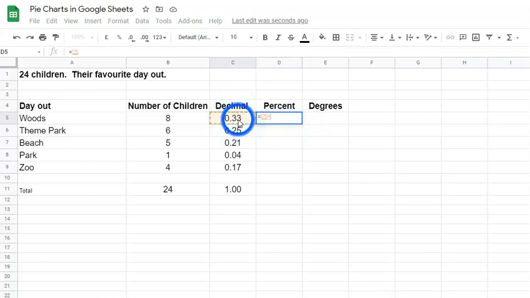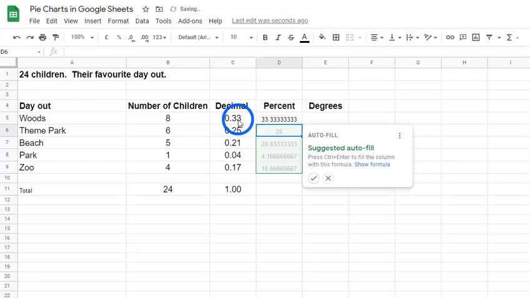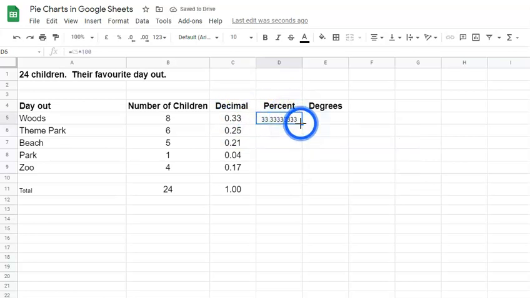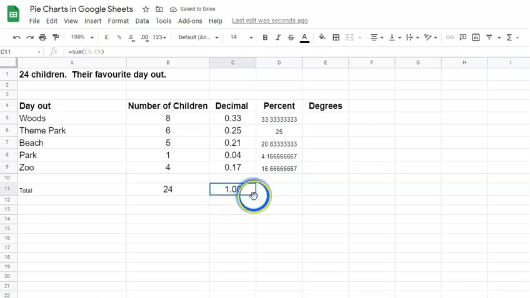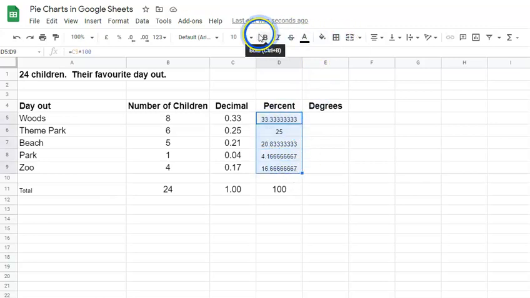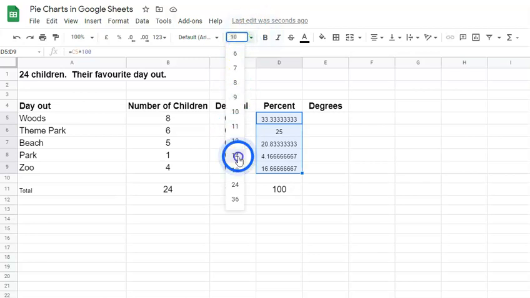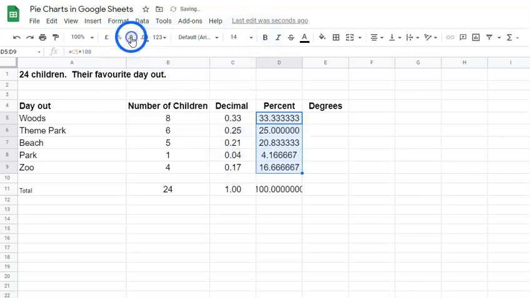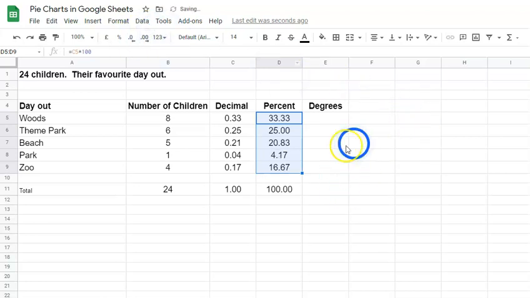So C5 times 100 will give us the percent values, and they should add up to 100. Let's just check. Very good. Again, I'll just format those slightly better. Bigger. And I'll reduce the number of decimal places. Maybe to 2. Okay, that's 100.